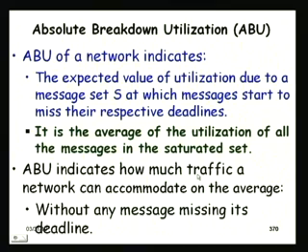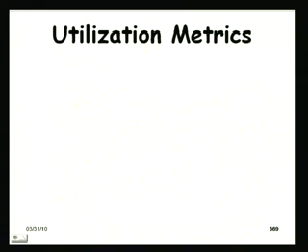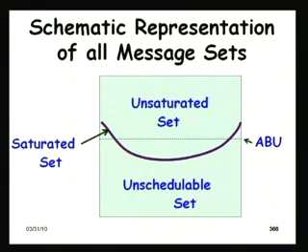So, that is why we had drawn that line. Just see here, we had computed the utilization due to all of this, and the dotted line indicates the average utilization due to all the message sets in the saturated set.